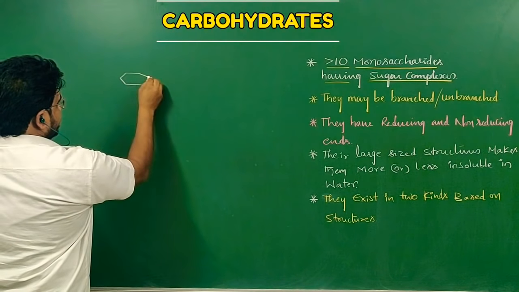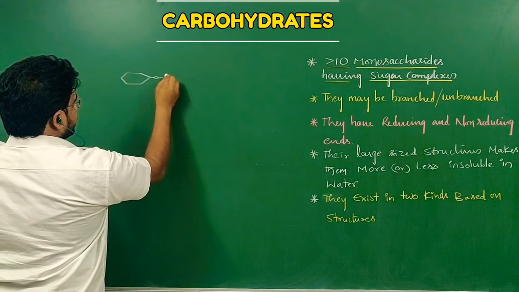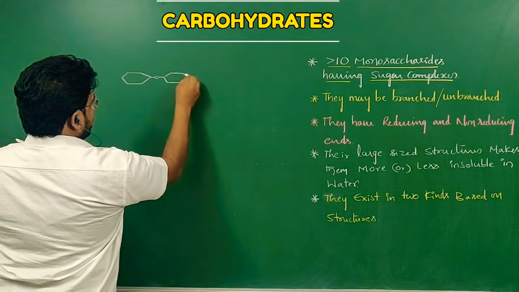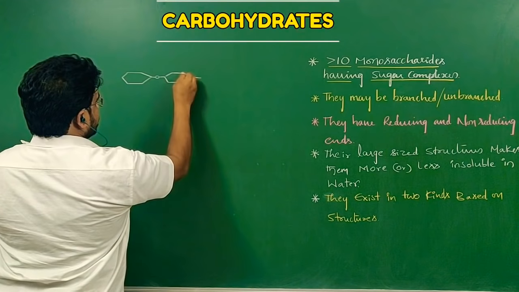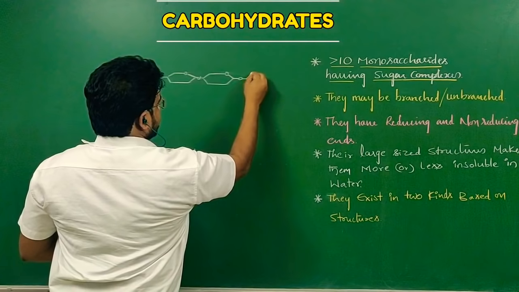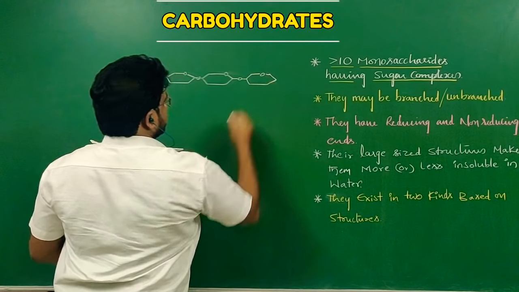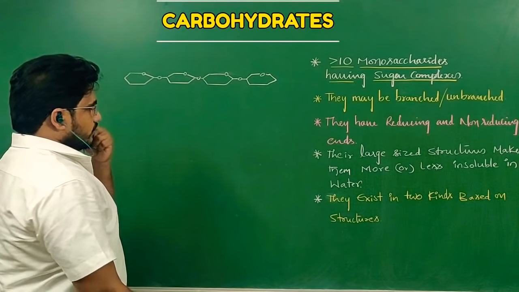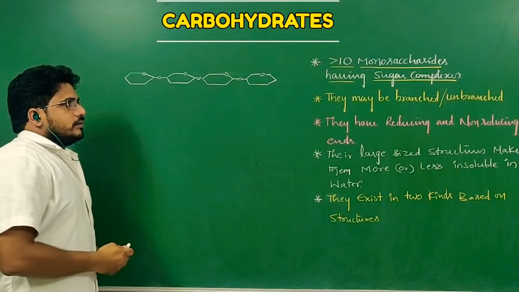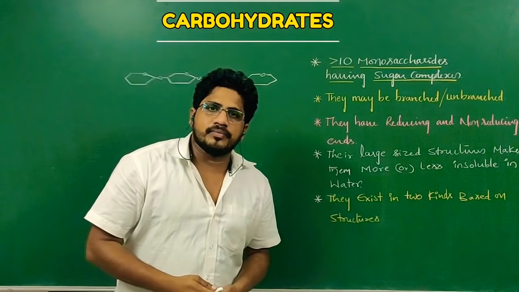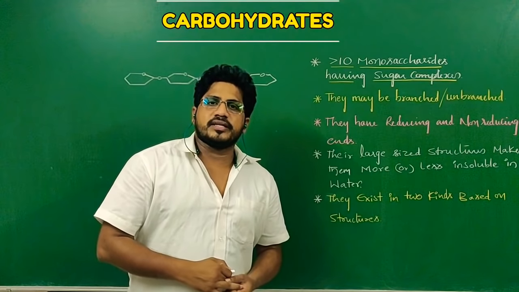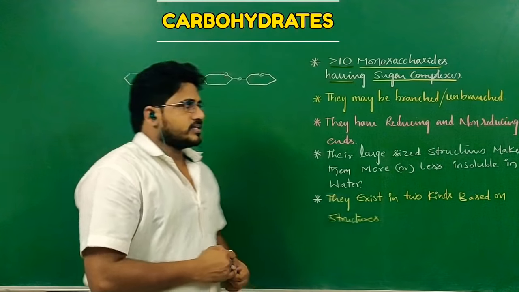Polysaccharides are having ten units of monomers. Here they are given 4, but you just assume a minimum of 10 and a maximum of 2 lakhs may be present in one structure of polysaccharide.